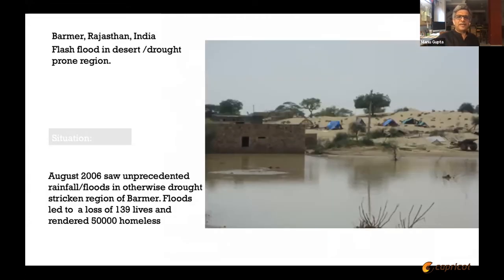Moving quickly to another example, the western part of India, a desert area. You can see the sand dunes, but now it is experiencing flooding every 2 years. The first time they experienced flood in 200 years was in 2006. Loss of 139 lives, 50,000 homeless.